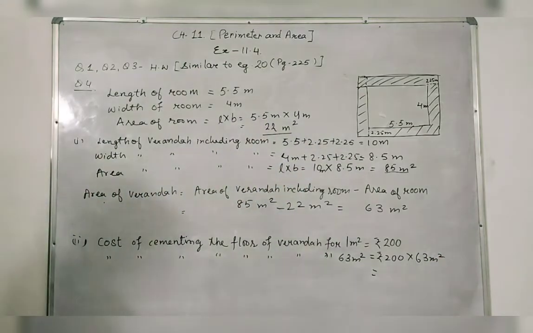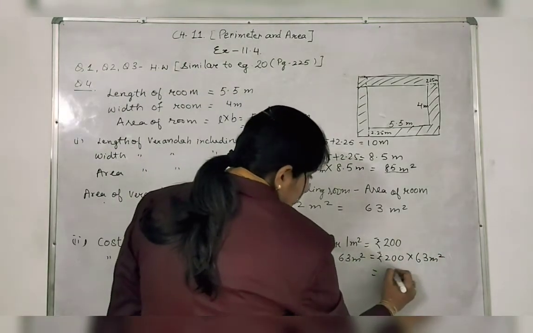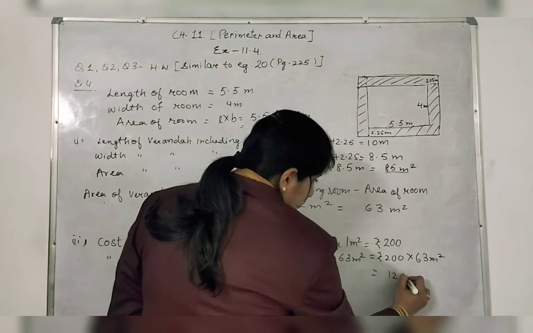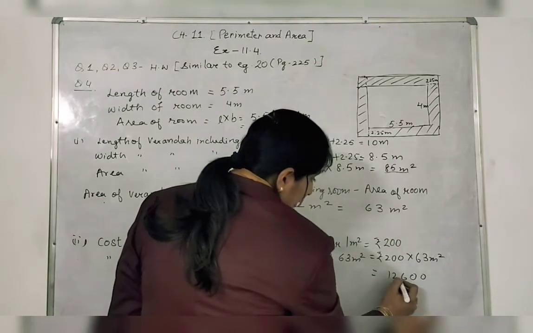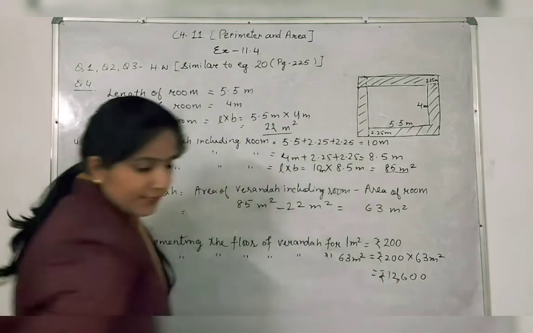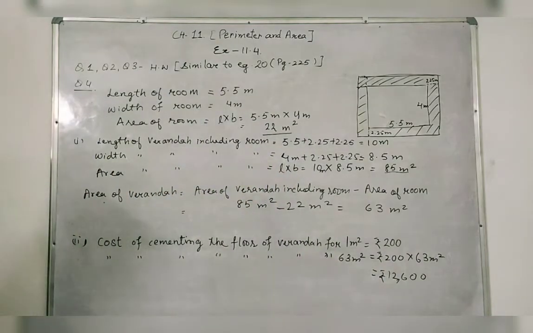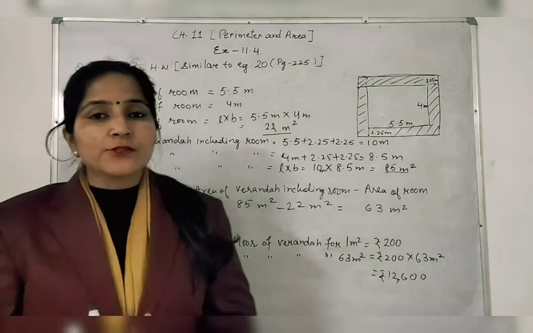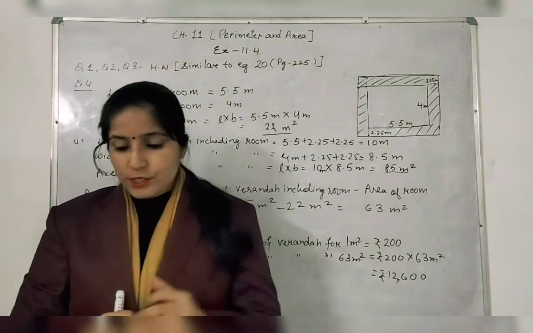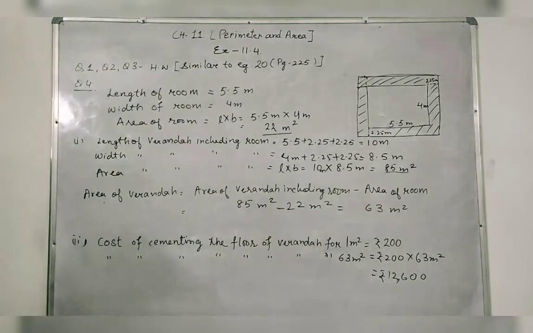After solving, 63 times 2 is 126, and with the two zeros, 12,600 rupees we have to pay for cementing the floor of the veranda. In this way we can solve question number 4 in 2 parts. After this we are going to start the next question.